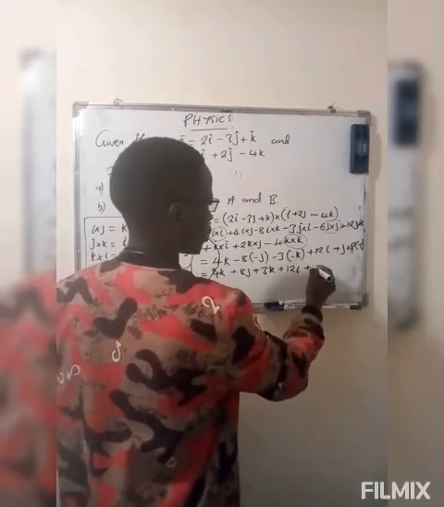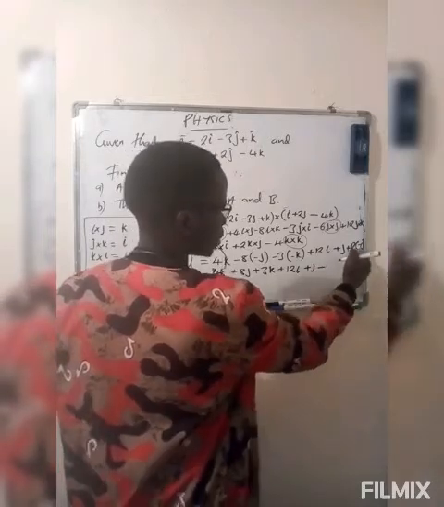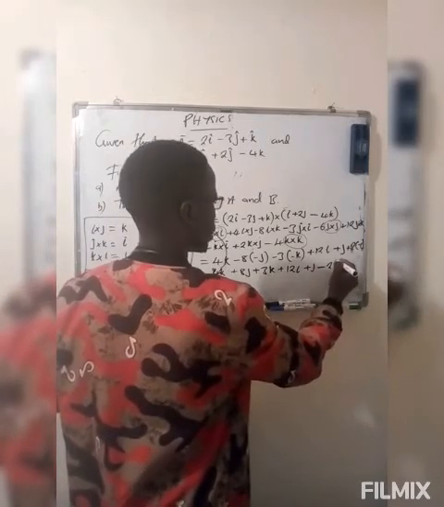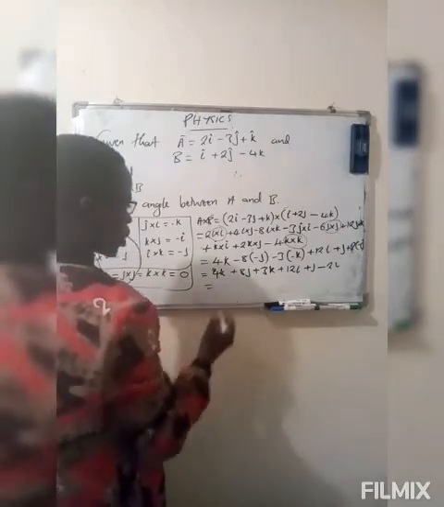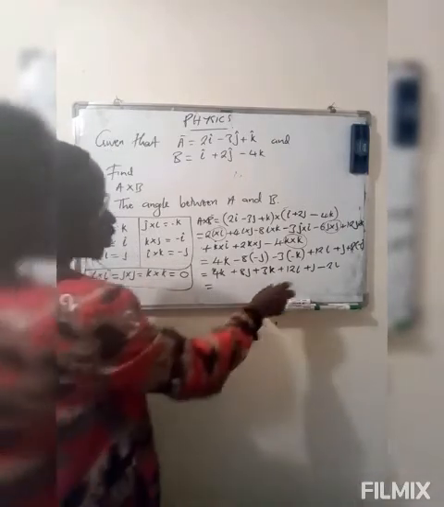And then here we simply collect the like terms, so we can go ahead and work them out. So we have 12i minus 2i, so that is going to give us 10i, right?